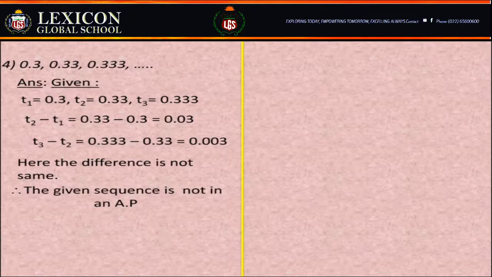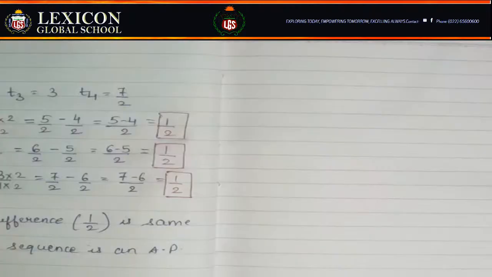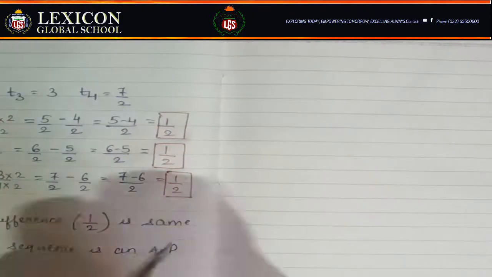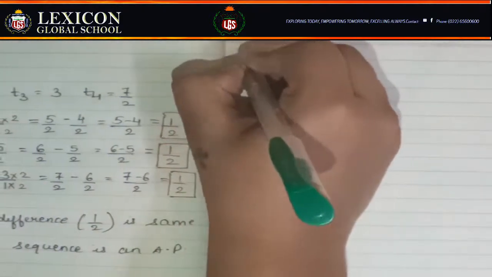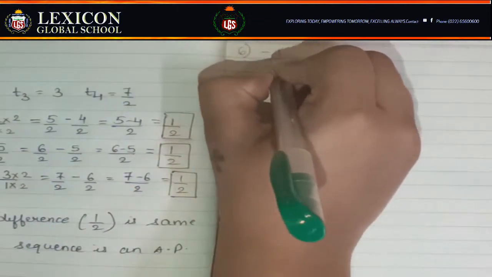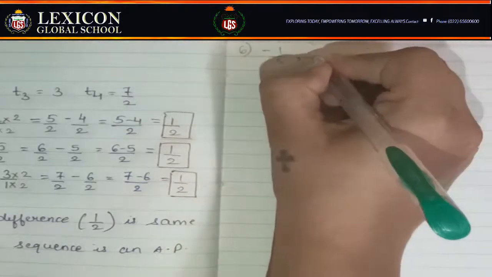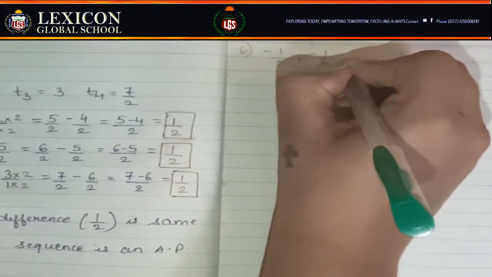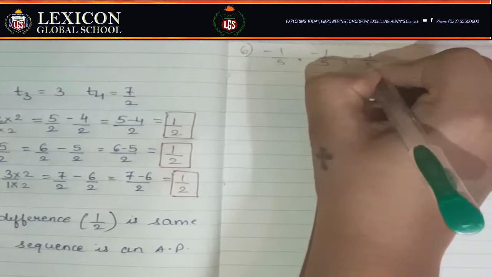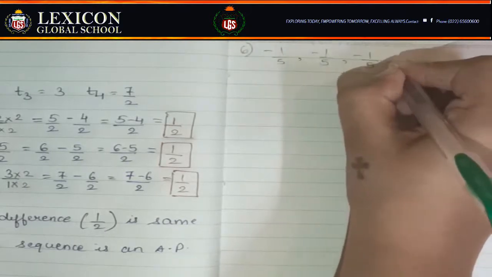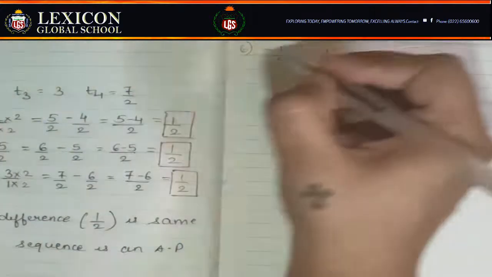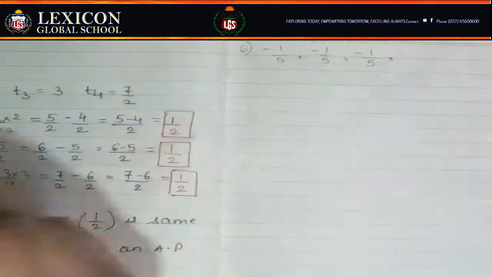Let us consider the sixth sum now. So now let us consider sub-question number 6. Your question says minus 1 upon 5, comma, minus 1 upon 5, comma, minus 1 upon 5, comma, and so on. So now what we are going to do?